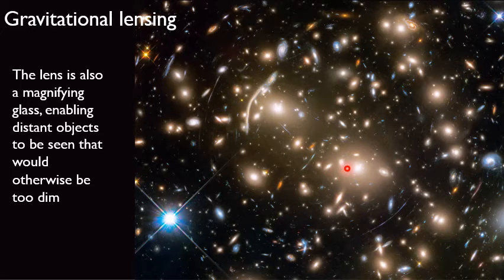Their mass is warping space-time, and these blue streaks and yellow streaks are very distant galaxies located way back behind this cluster, and their light is bent so that we can see it. It's like a magnifying glass, a tool to see further away, dimmer objects than you would otherwise be able to see.